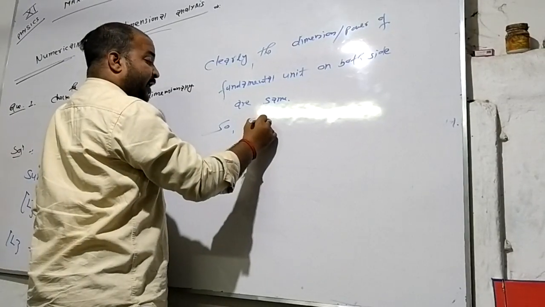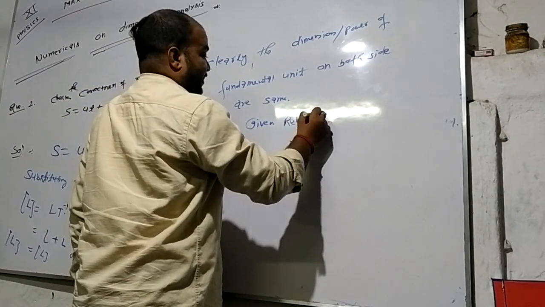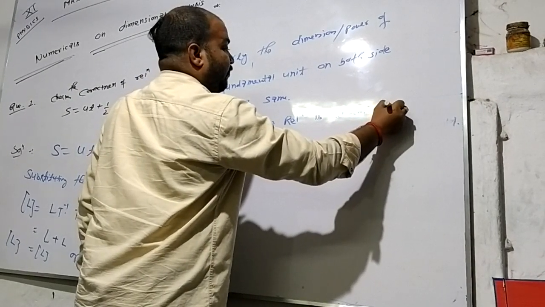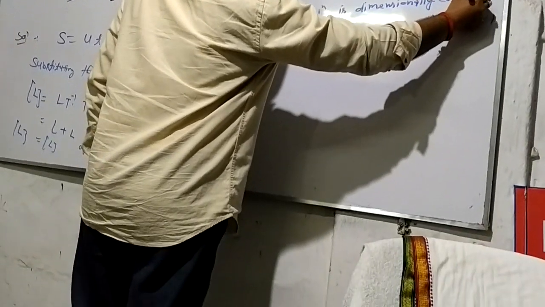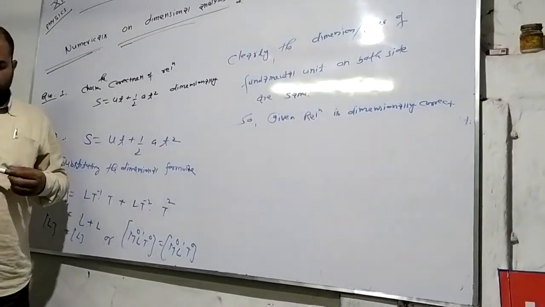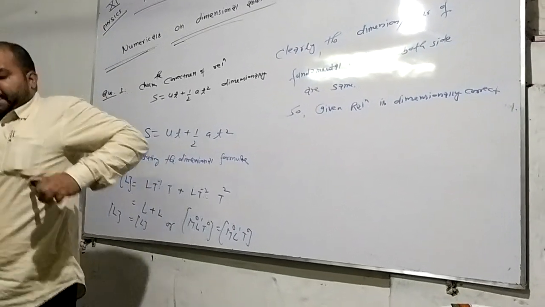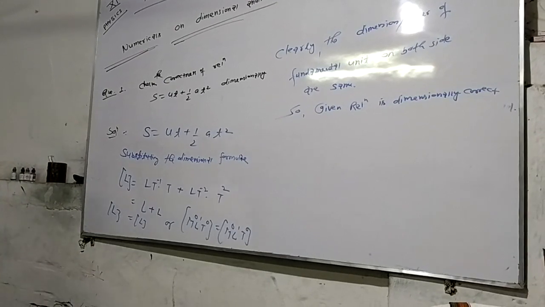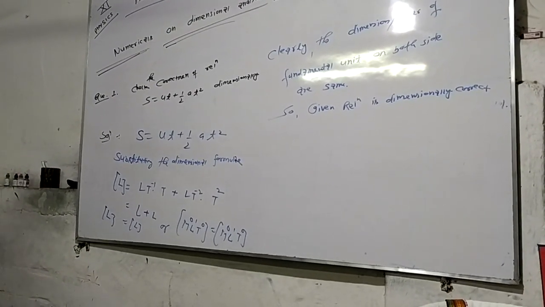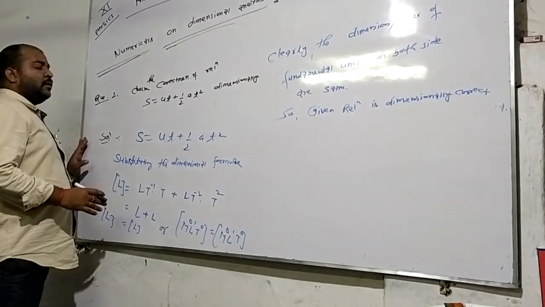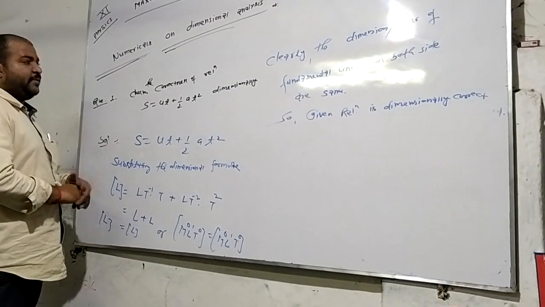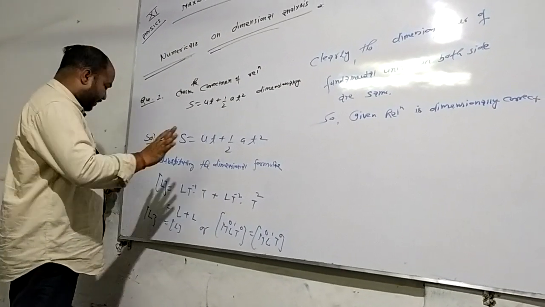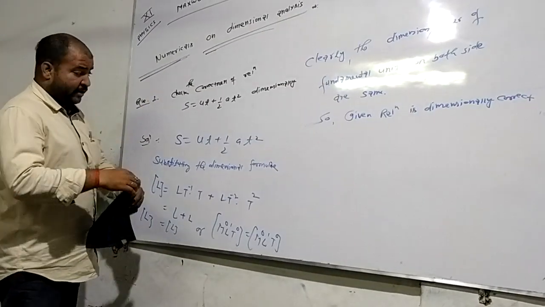So the given relation is dimensionally correct. Look at the board. This is the numerical based on the first application of dimensional analysis, which is to check the correctness of a given relation. I am sure all of you get it.